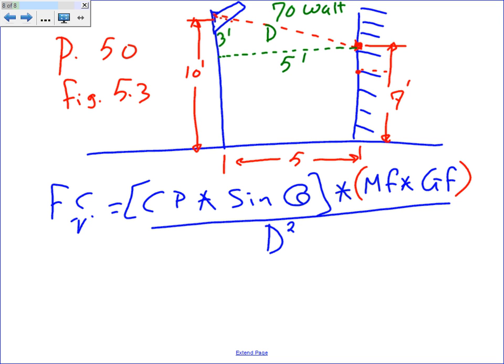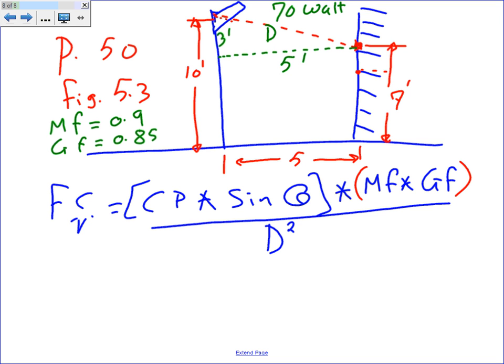So doing the trig, if I find D and I find Q, I can find the CP, maintenance factor and guard factor. I want to give you these. Maintenance factor, those guys are very clean, so we're going to put 0.9. And guard factor, this guard is really good, so we're going to put it at 0.85. Okay, given. Any question, guys, about the given?